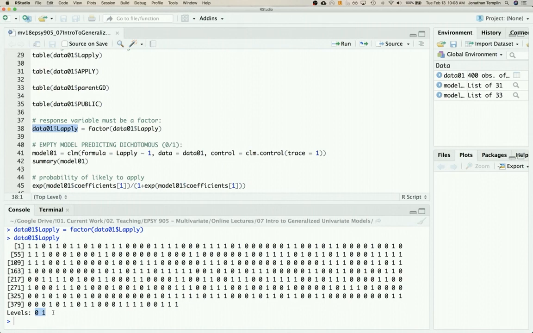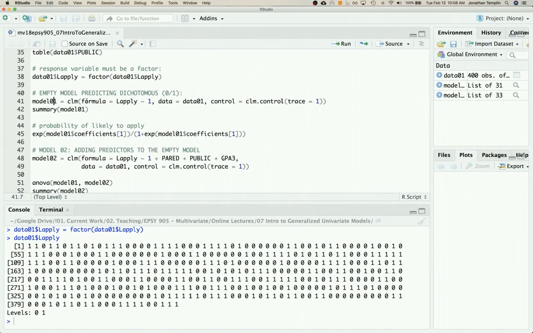So now let's look at the model syntax. Model 01 we're going to run is an empty model. Just like lm, we put lapply, our dependent variable. The tilde takes the place of the equal sign. If we just want the empty model, the 1 represents the intercept.